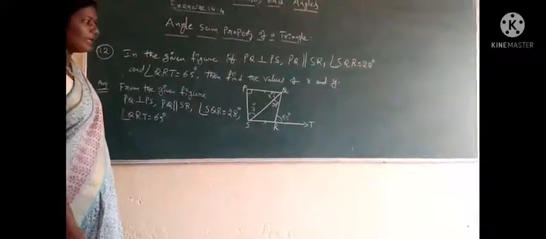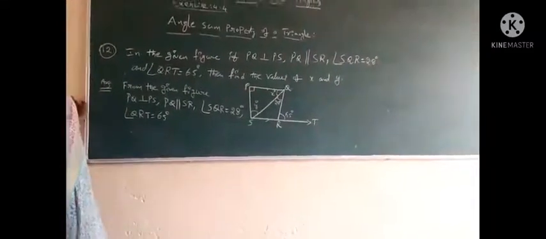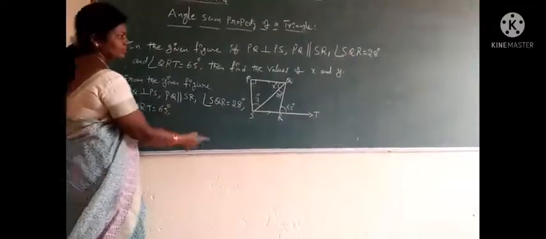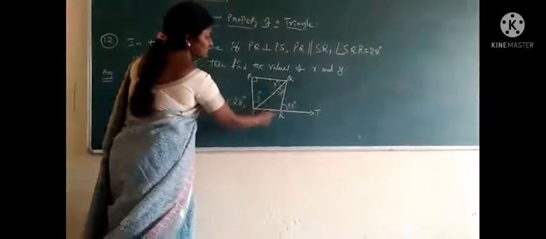So we find out X and Y values. And QR is the transversal.